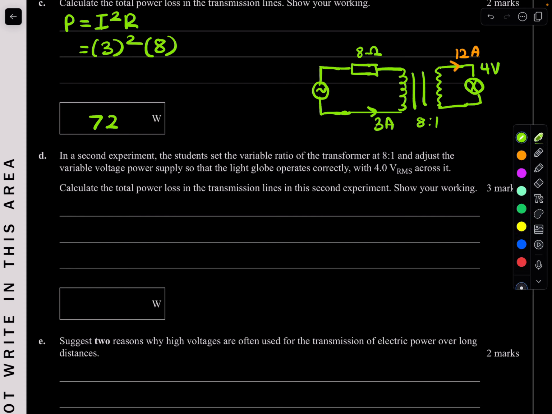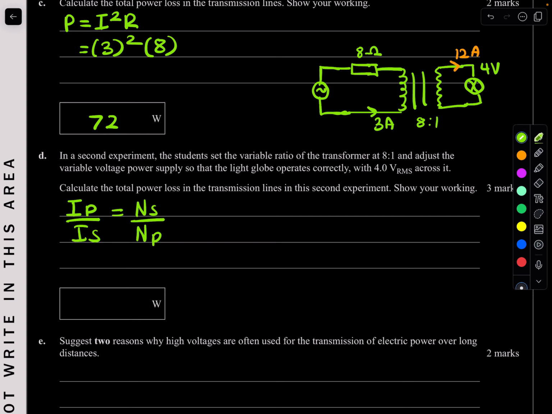To be honest, all we need to do is find the current that is running through the primary section of this circuit. So to do that, again, we know that primary current over secondary current is equal to your number of turns, secondary over primary.